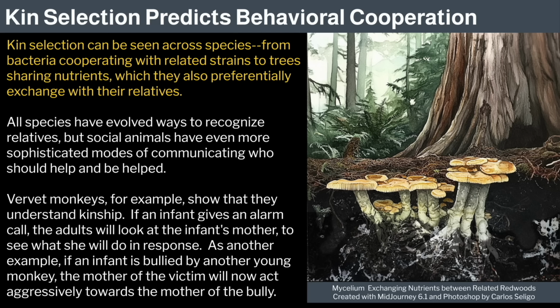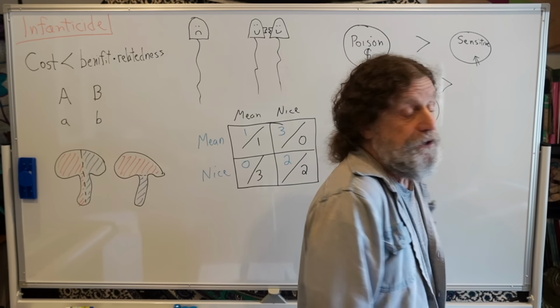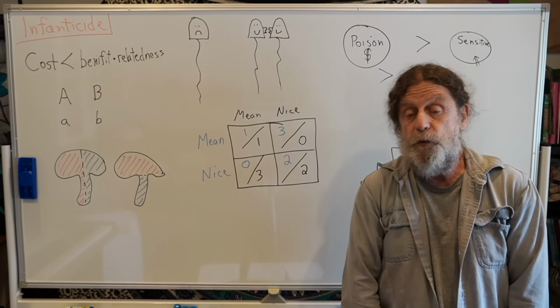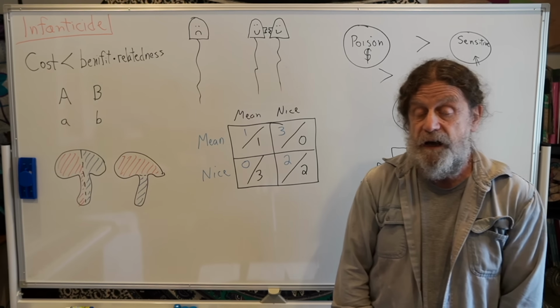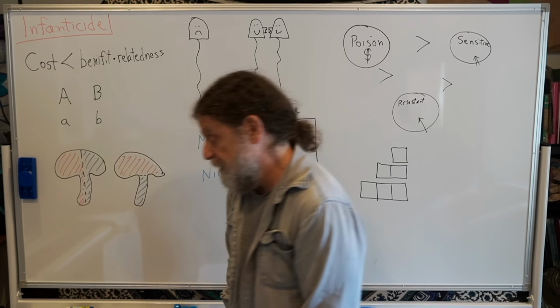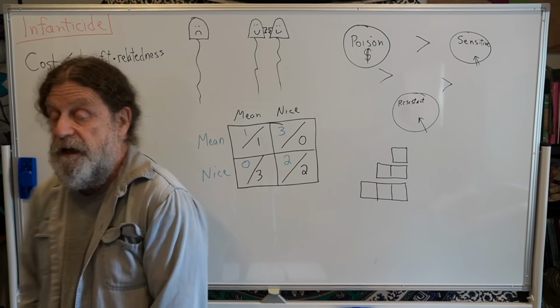So where do you see kin selection? Where do you see organisms behaving to maximize their own reproductive success by way of helping relatives? And you see it everywhere. You see it with bacterial strains where you will get more cooperation among bacterial lines that are closely related than ones that are not.